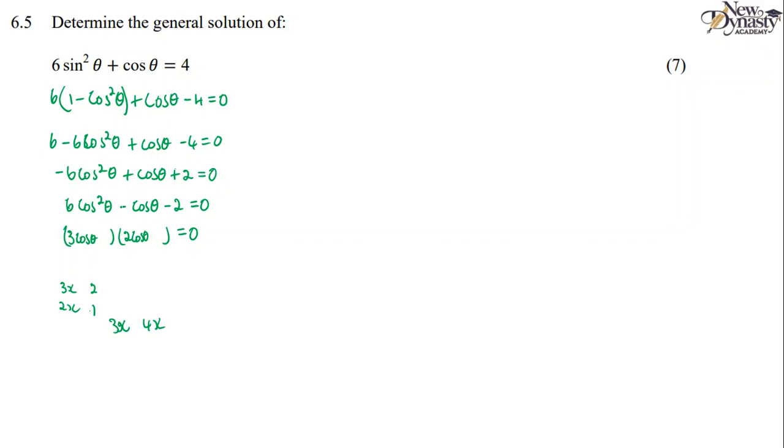Our interest is the middle term, which is negative 1. So the bigger factor must be negative, because 3x minus 4x is negative x. So the 2 has to be negative and the 1 must be positive.